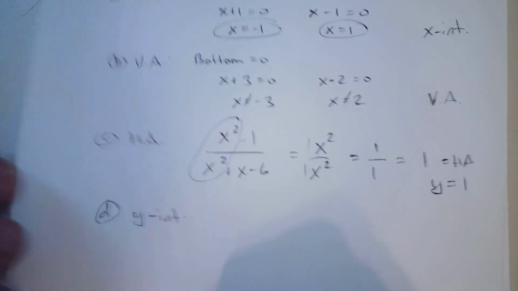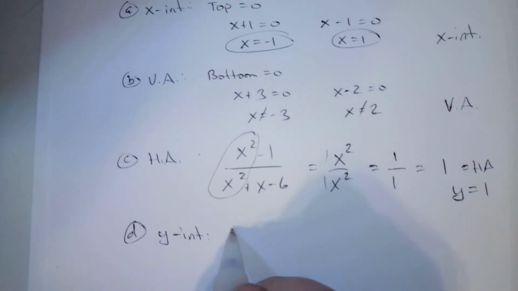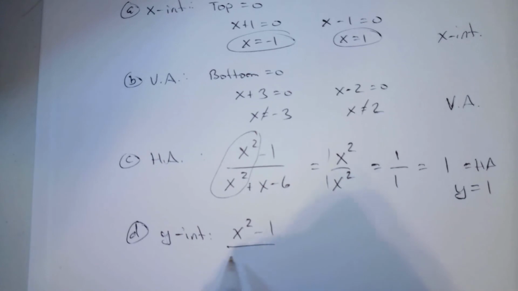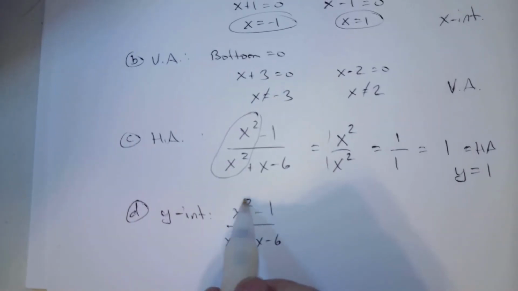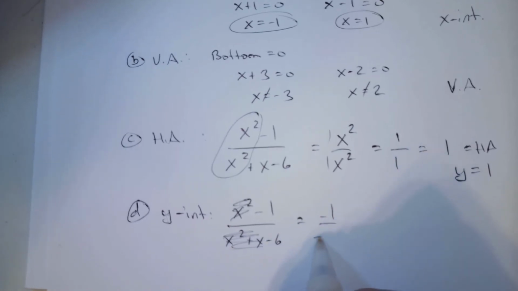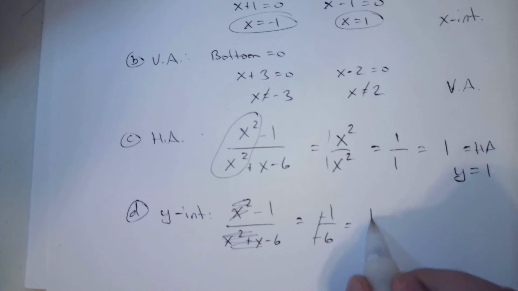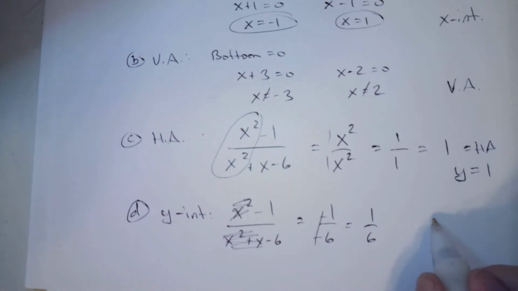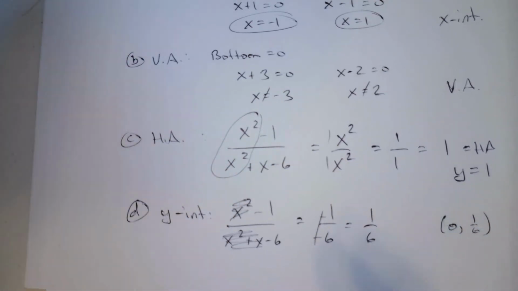And the y-intercept: anything that has an x, get rid of it. So we have -1 over -6. The negatives cancel, so it's 1 over 6. So it's at (0, 1/6).